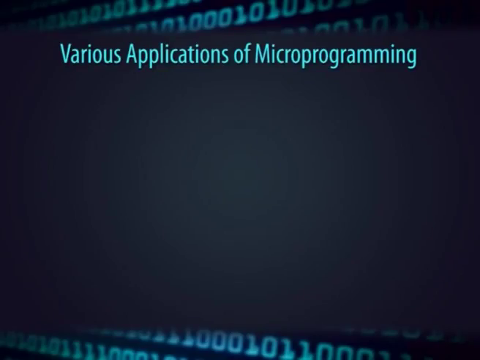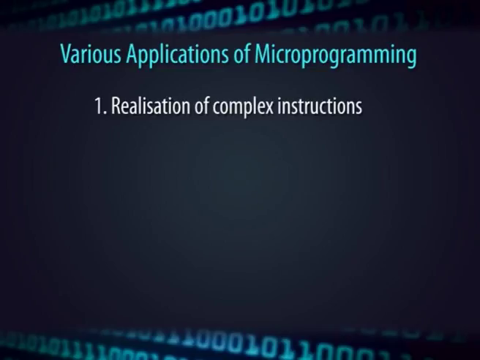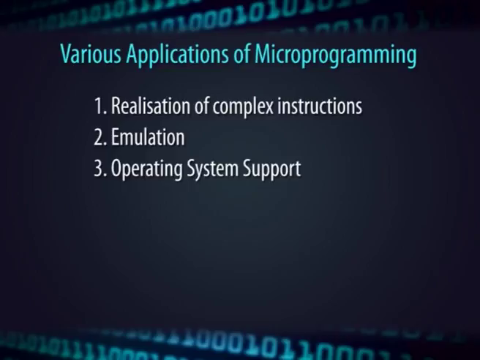The various applications of microprogramming include, first, the realization of complex instructions, including complex instructions in the instruction set of the computer. Second is emulation: emulating the hardware of some other machine on the hardware of a new machine is called emulation. The third is operating system support.